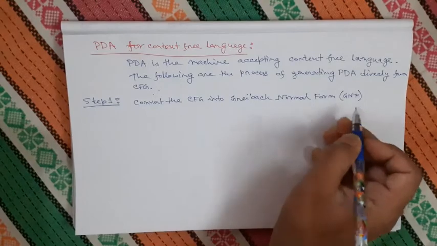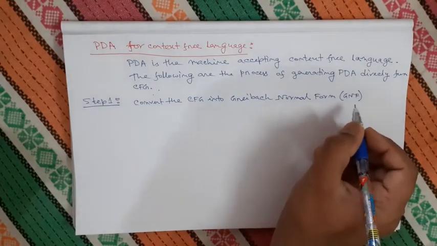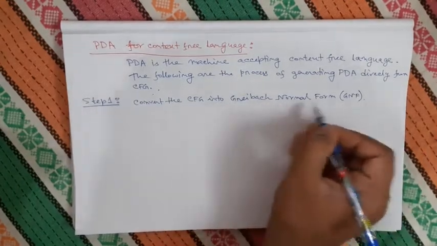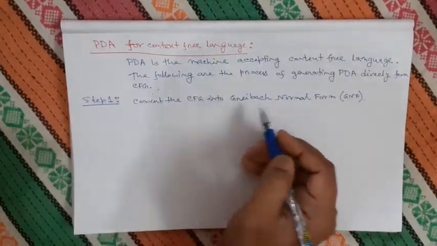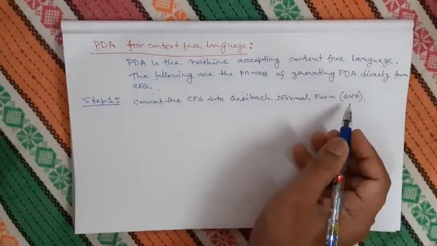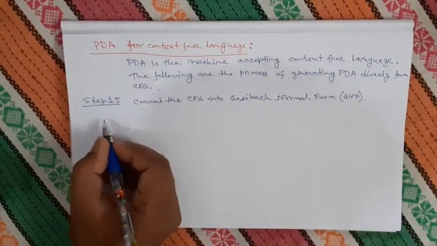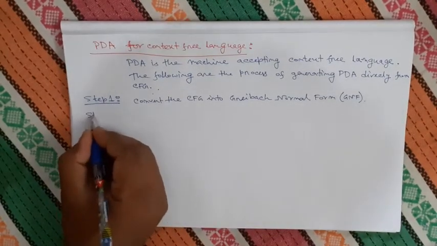If CFG is in GNF, then we don't need to do this step 1. But if it is not in GNF, then we have to convert that CFG to GNF first. Then comes the step 2.